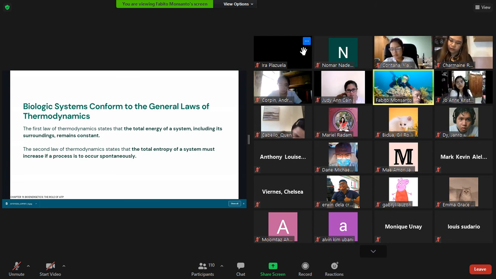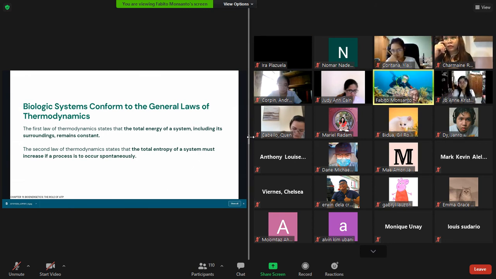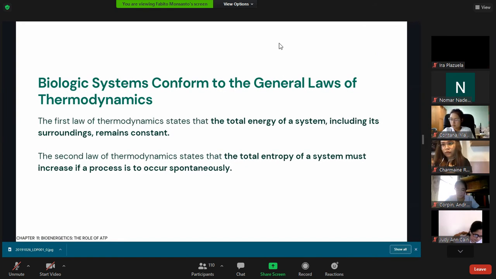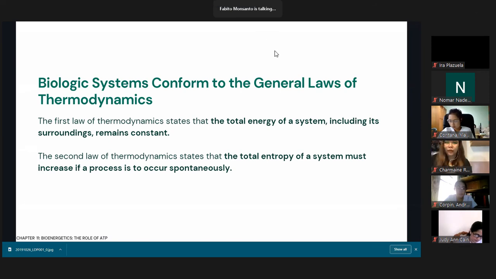First, we must understand the laws of thermodynamics. Let's borrow these two laws from the engineers. So the first law of thermodynamics states that the total energy of a system, including its surroundings, remains constant.